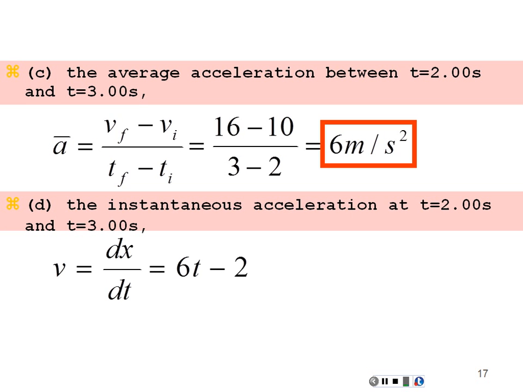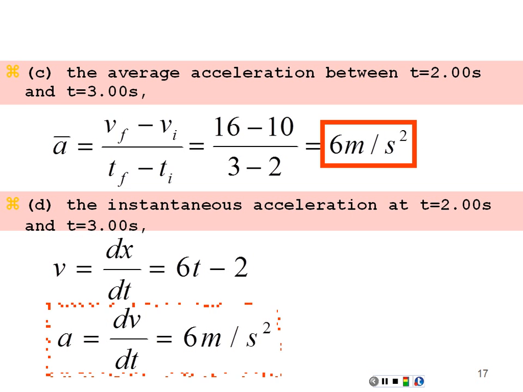Since my velocity is 6t minus 2, if I take the derivative of that, I get my acceleration. The derivative of minus 2 is going to be 0 because it's a constant. The derivative of 6t will just give me 6. So my acceleration is 6 meters per second squared. And I can see from this example that my instantaneous acceleration is the same as my average acceleration. So I did indeed have constant acceleration.